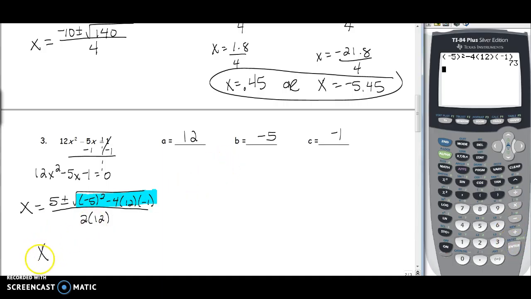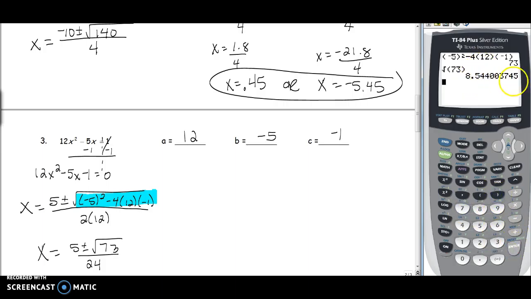So we have x equals 5 plus or minus the square root of 73 over 12 times 2 is 24. So in your calculators, the square root of 73 is 8.5444. Again, round to the nearest tenth, so we have 8.5. So x equals 5 plus or minus 8.5 over 24.